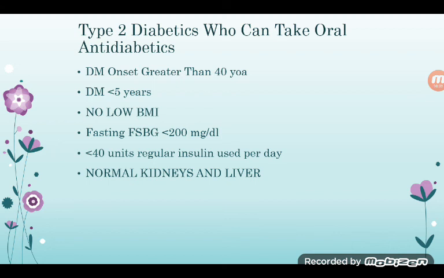The fasting fingerstick blood glucose is less than 200, less than 40 units of regular insulin is required for them per day. They also need to have normal kidneys and liver.